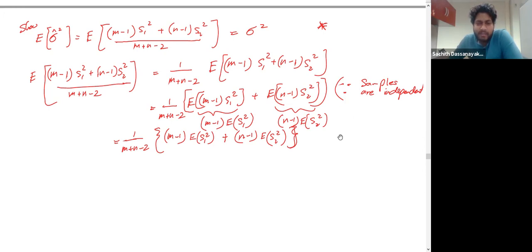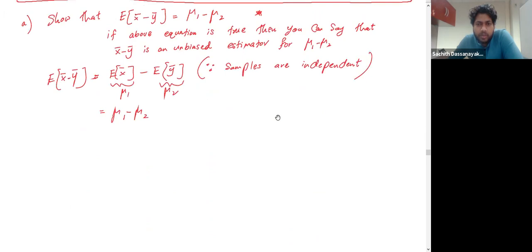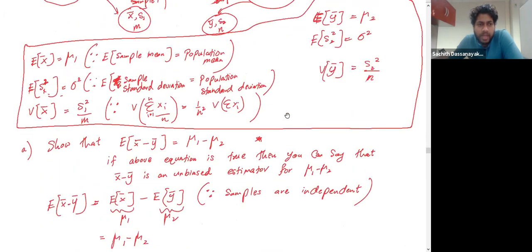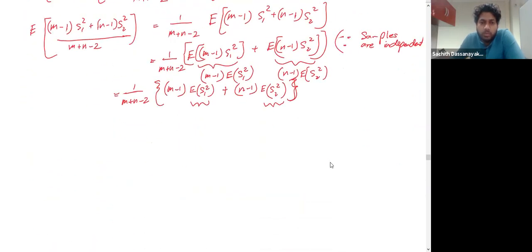Now you can check what this is. Go back to the equations that we got from the very beginning. The expected value of S1 squared equals sigma squared, and the same here, the expected value of S2 squared equals sigma squared. So without any problem, in 1 over m plus n minus 2 times (m minus 1), you can replace this with sigma squared, plus (n minus 1) sigma squared.